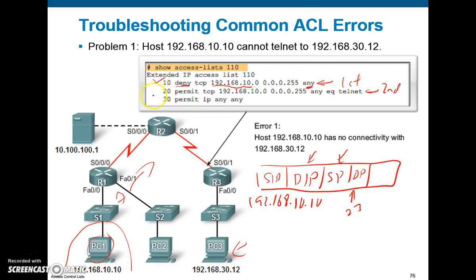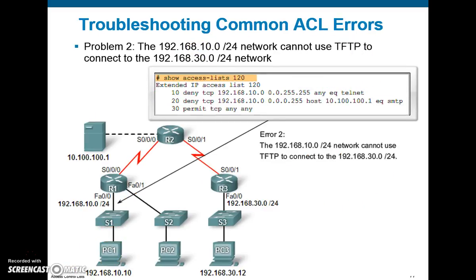So the second rule will not have any impact. The ACL will immediately drop the packet without evaluating the second rule. To resolve this problem, we have to swap the order of the rules. Make sure that rule number 2 goes in front of rule number 1. Then PC1 will be able to telnet to PC3.